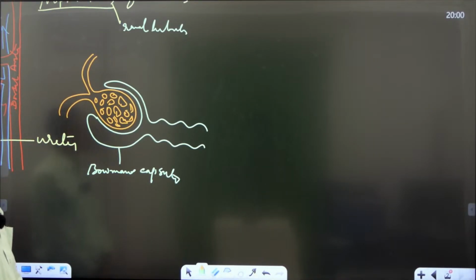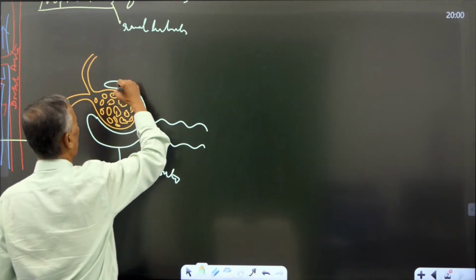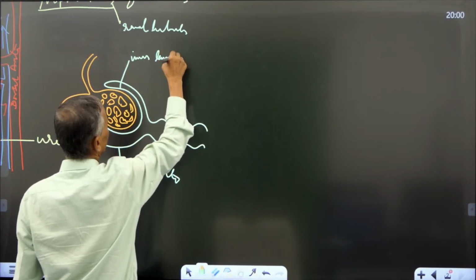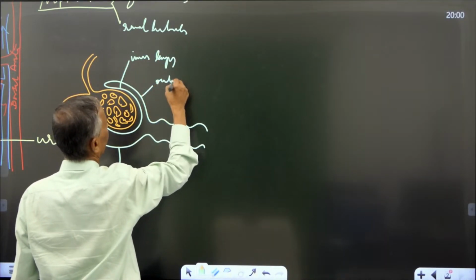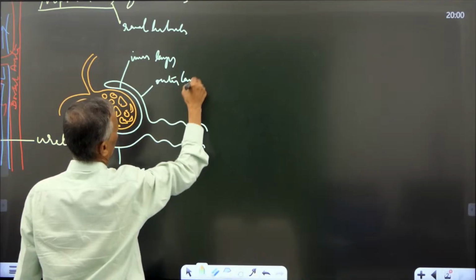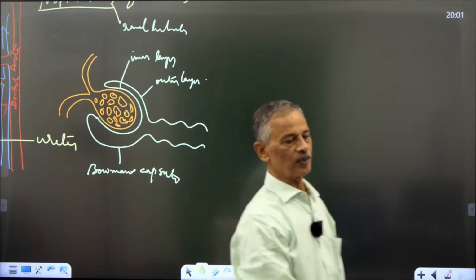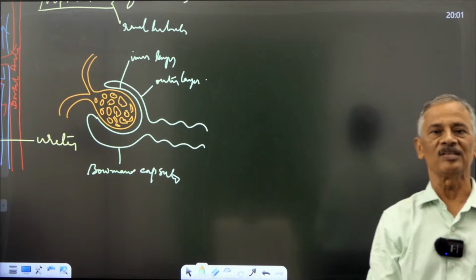This Bowman's capsule is a double-layered cup-like structure. It is having an inner layer, inner wall, and an outer layer or wall, which is made up of epithelial cells.